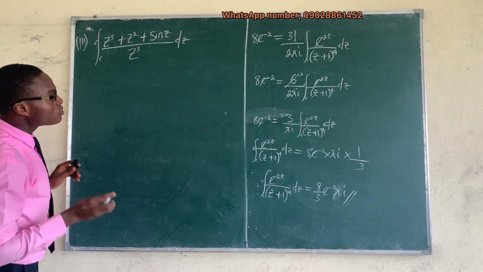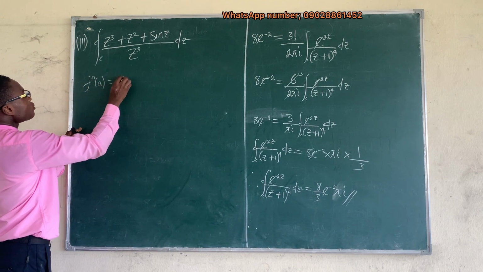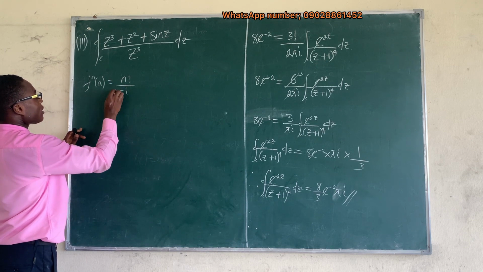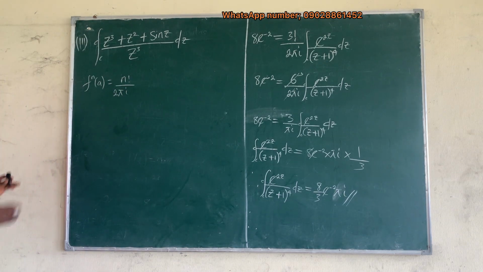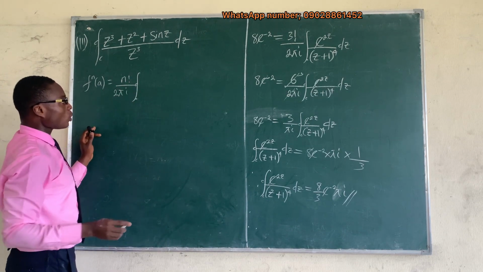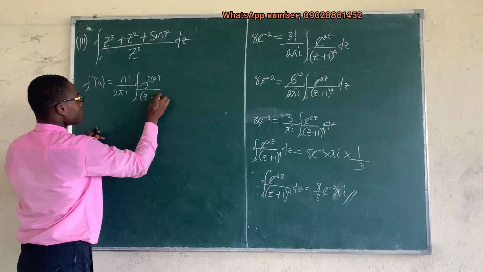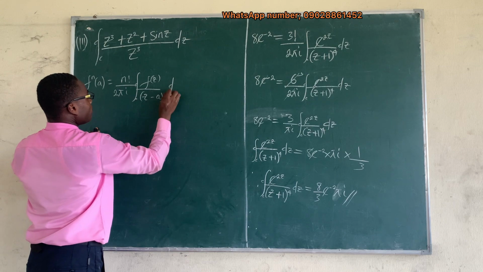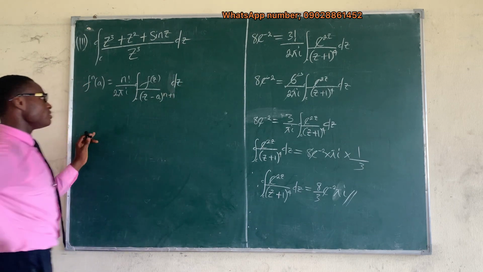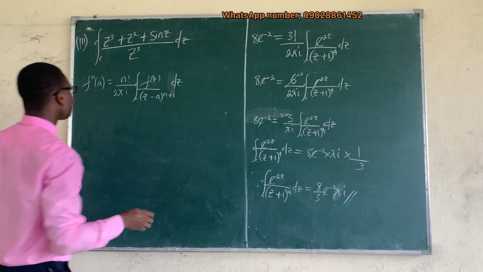So we are still going to use the formula f n of a equal to n factorial over 2 pi I, the integral of c, because the curve is closed, f of z over z minus a to the power of n plus 1 dz.